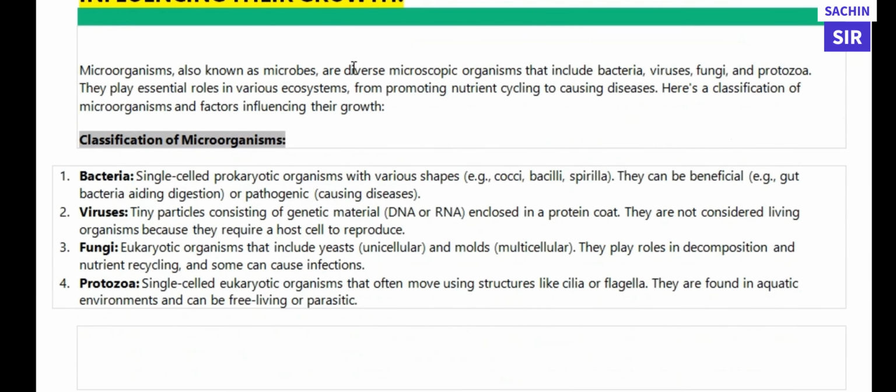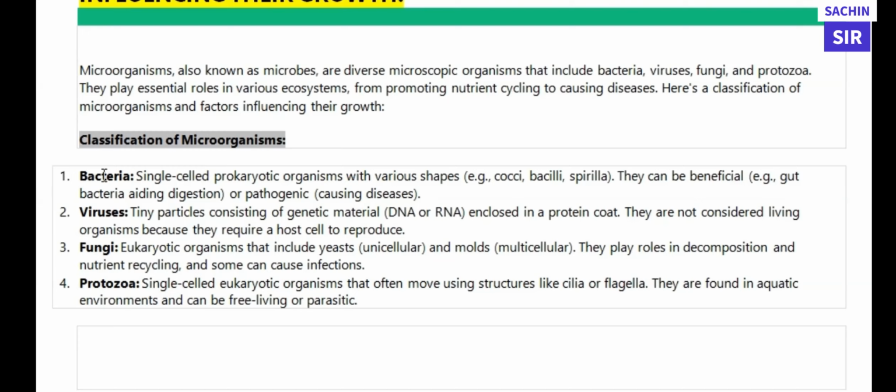Microorganisms, also known as microbes, are diverse microscopic organisms that include bacteria, viruses, fungi, and protozoa. They play essential roles in various ecosystems, from promoting nutrient cycling to causing diseases. Here is a classification of microorganisms and factors influencing their growth.